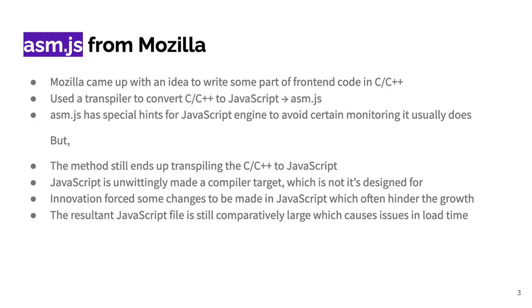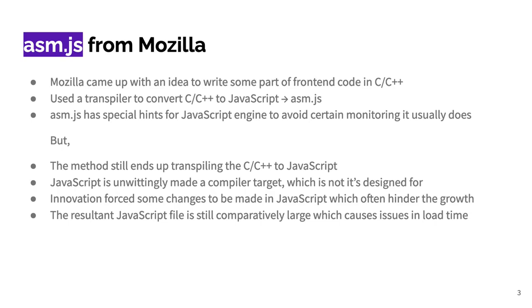So you are compiling that to JavaScript, which means you are making it a compiler target. Originally, JavaScript was not designed for that, right? So you cannot make use of some special optimizations, the kind that you usually do with compiler targets, that you can't do anymore with this kind of method.